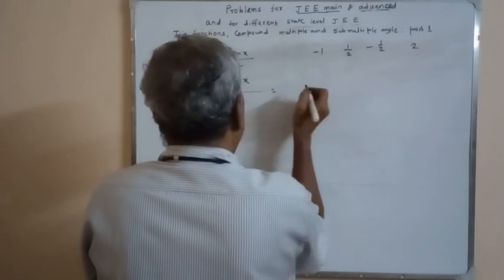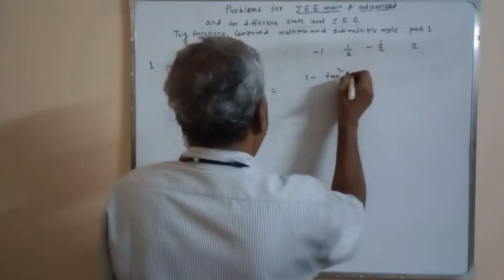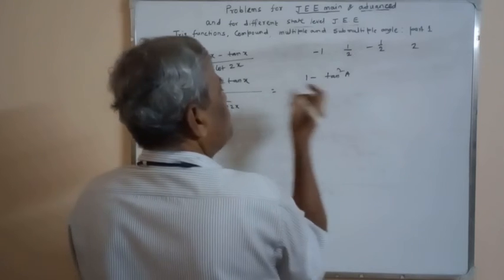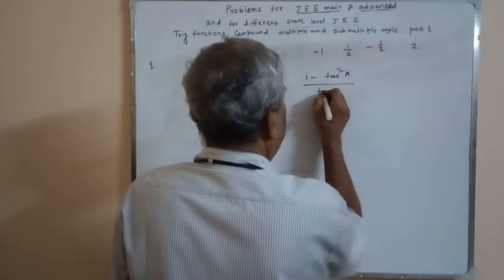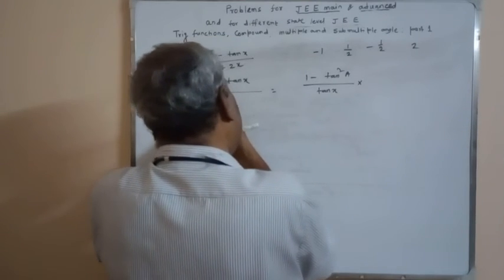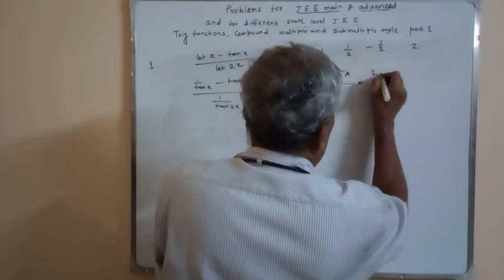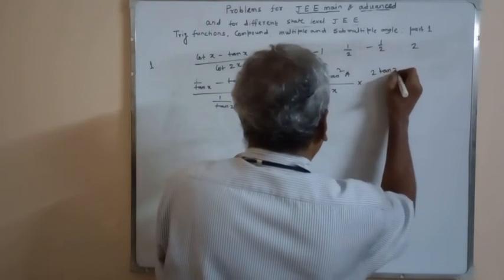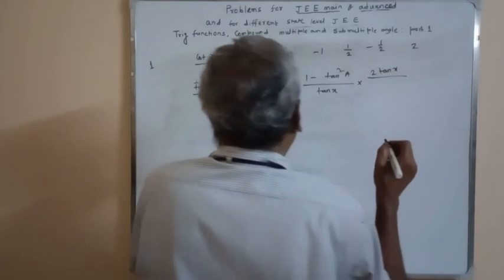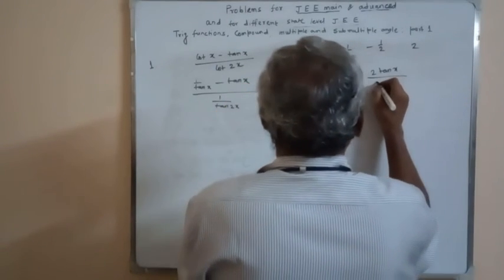It is equal to 1 minus tan square x by tan x, into tan 2x, which is 2 tan x divided by 1 minus tan square x.